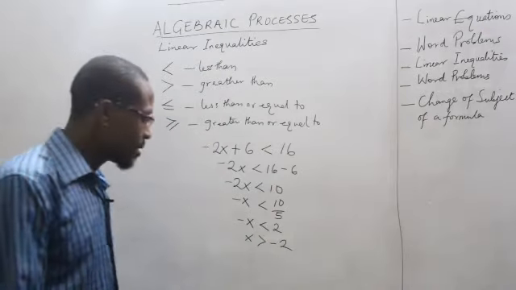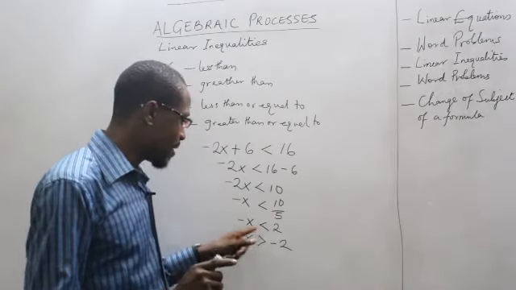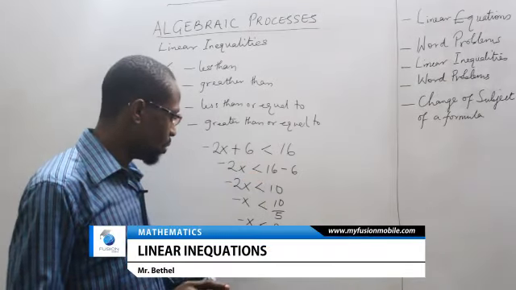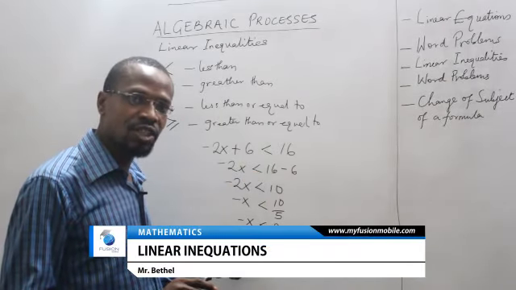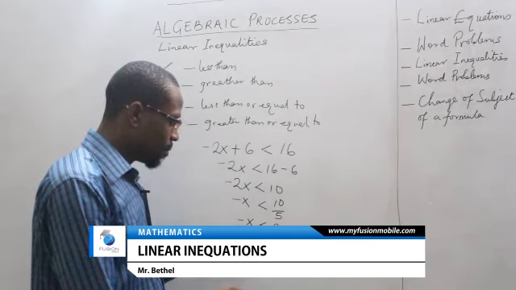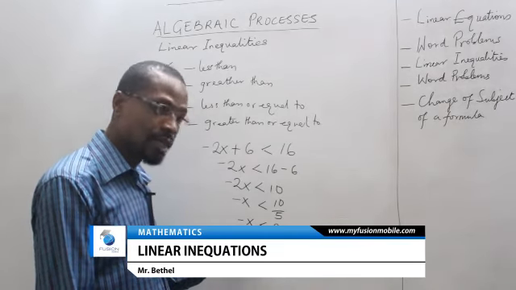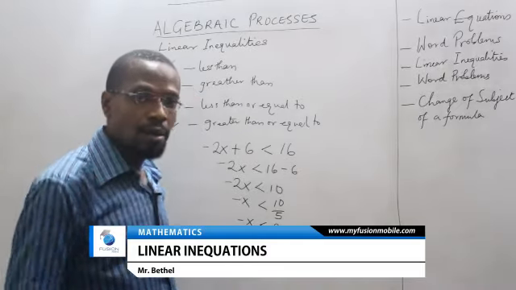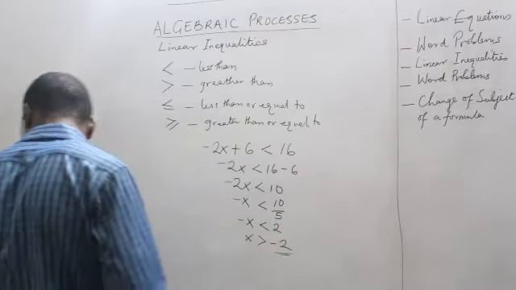Do you see the difference? That is the only time this sign of inequality will change in the last stage from less than to greater than. Please take note of that.